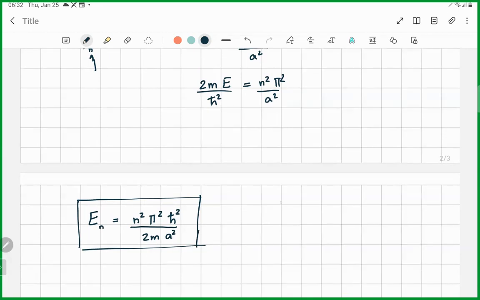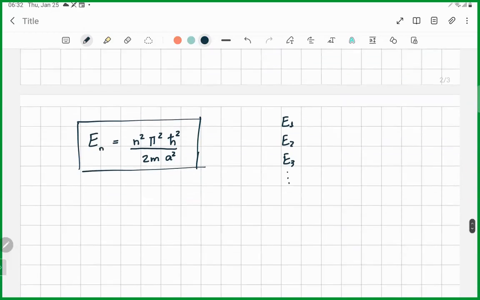So we found the E1, we just need to put n equals 1. We found the E2, we found the E3, and so on. Okay? Look what we conclude with this result, and this is very important. Let's see what we've seen so far. This is a very important concept of quantum mechanics.